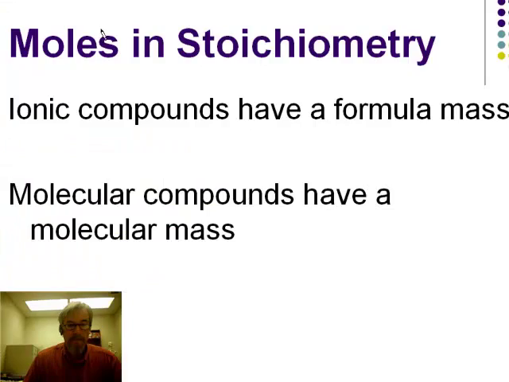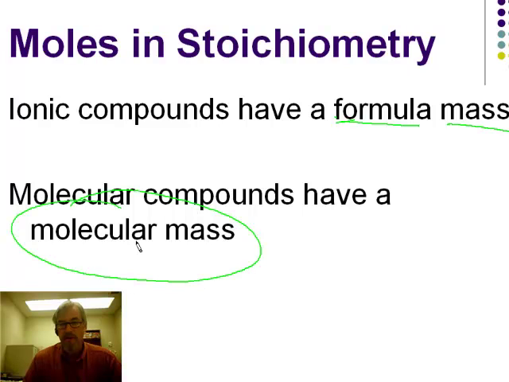When we're talking about ionic compounds, they are said to have a formula mass because they don't have molecules. So the mass that you calculate, like we did for calcium phosphate, is just the mass of one formula unit, which is the simplest ratio that shows up in a crystal of that compound. Molecular compounds are said to have a molecular mass because it's the mass in amu of one molecule, or the mass in grams of a mole of molecules.